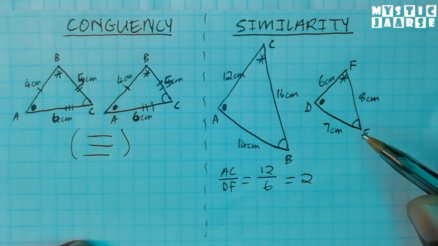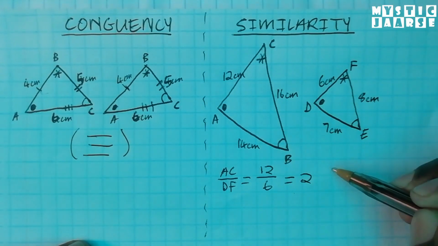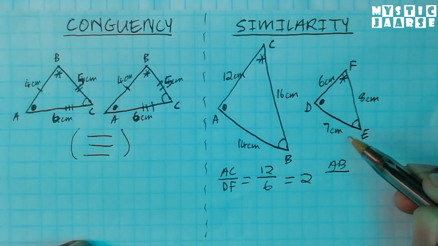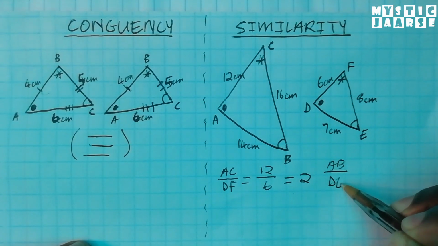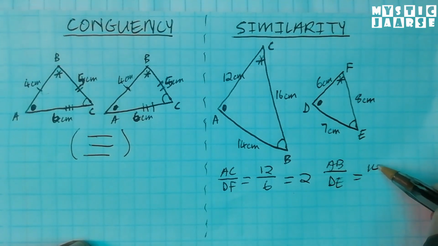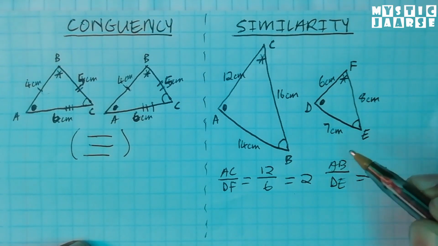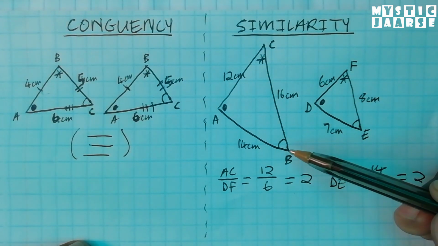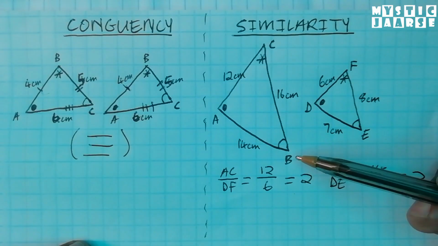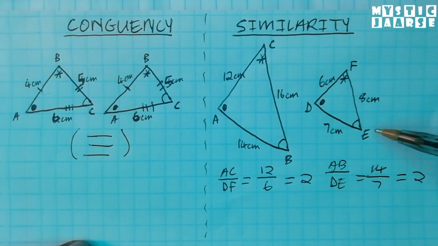Again, what happens if you divide side AB by its corresponding side of this triangle, side DE? You get 14 divided by 7, right? Which also gives you 2. Now the same will happen when you divide length BC by its corresponding side length EF. You'll get the same number.